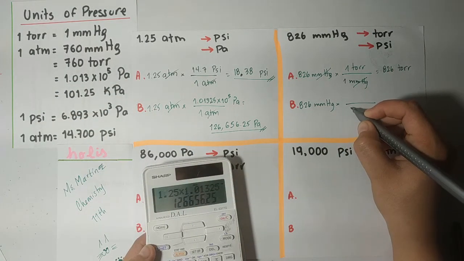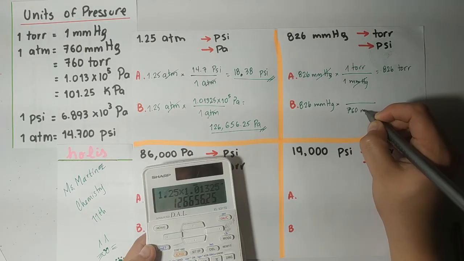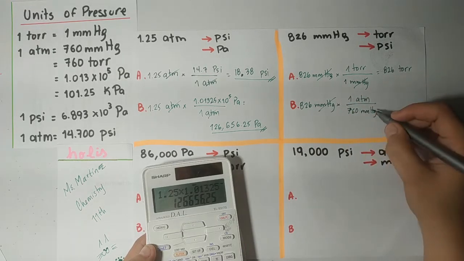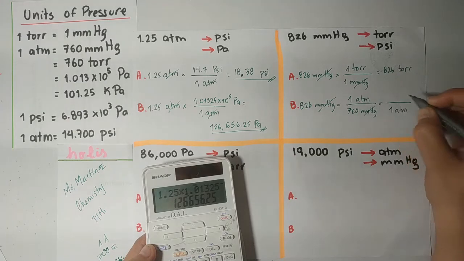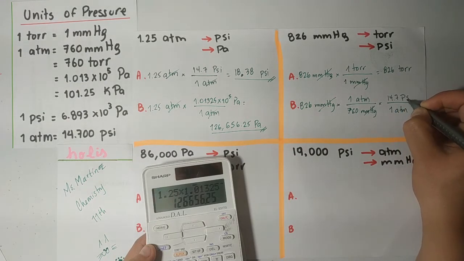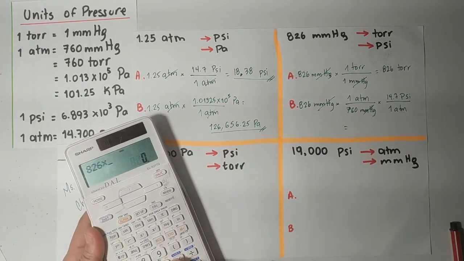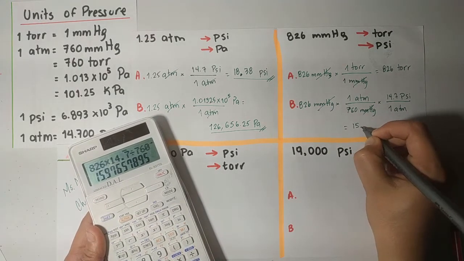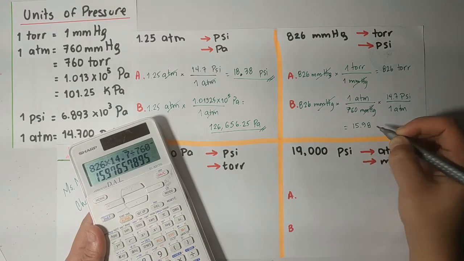So we say there are 760 millimeters of mercury in one ATM, and also in one ATM we have 14.7 PSI. This is equal to 826 times 14.7 divided by 760, which is 15.98 PSI.